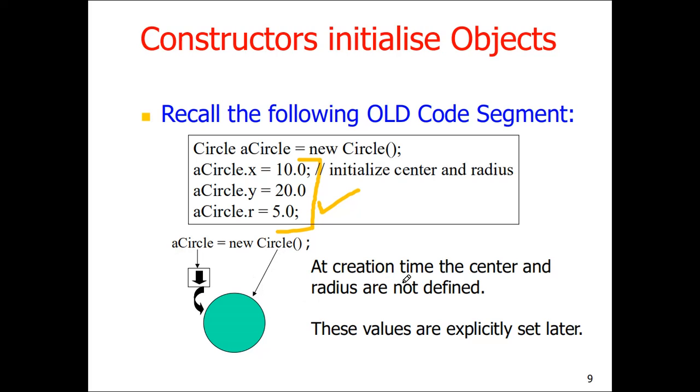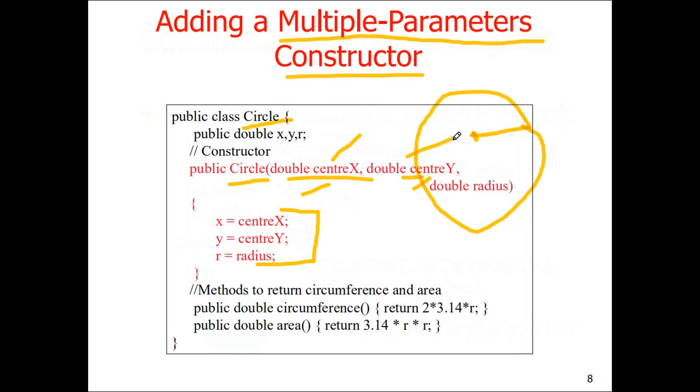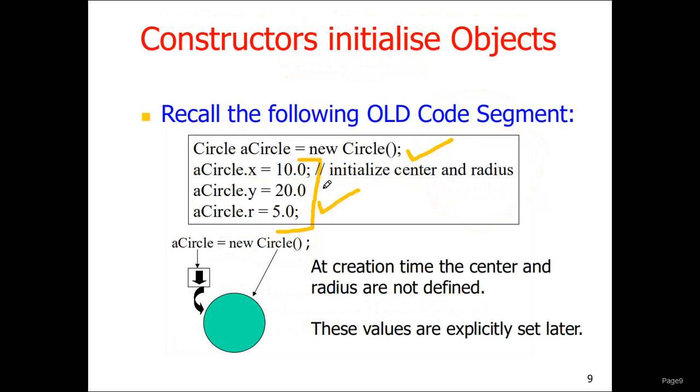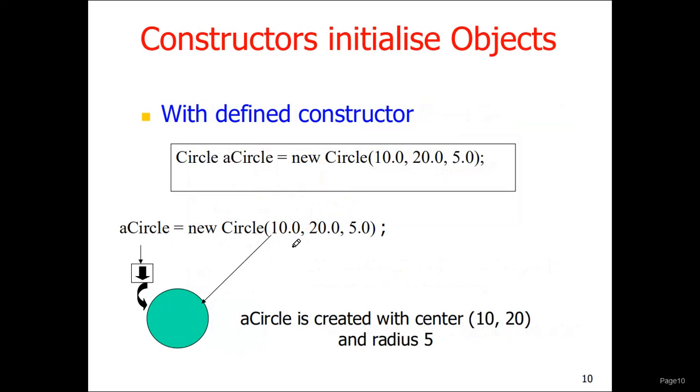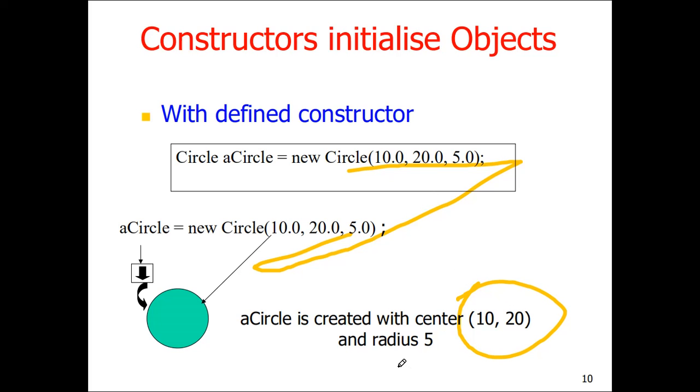At the time of creation, the center and radius are not defined. पहिला चाहिँ यहाँनिर first it was not defined because there was no constructor. Now once I write the constructor something like this and call the value something like this, then all those values will be initialized 10, 20, and 5.